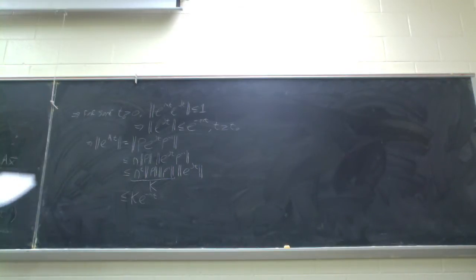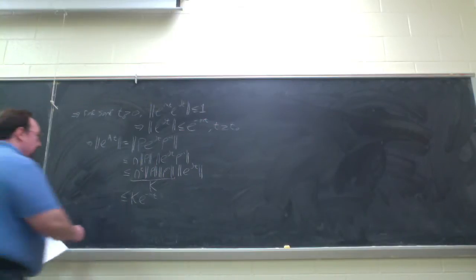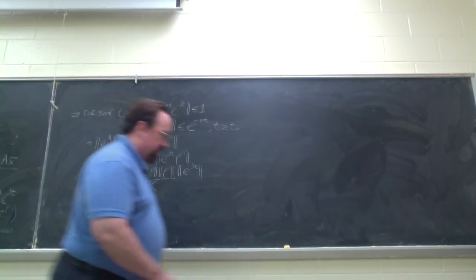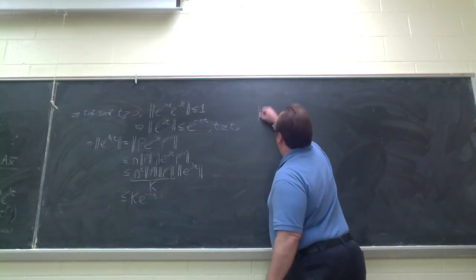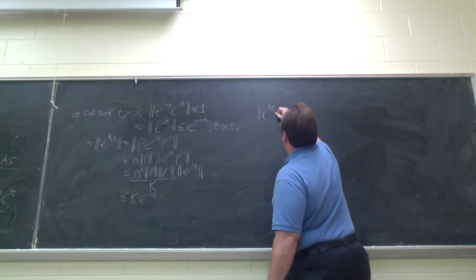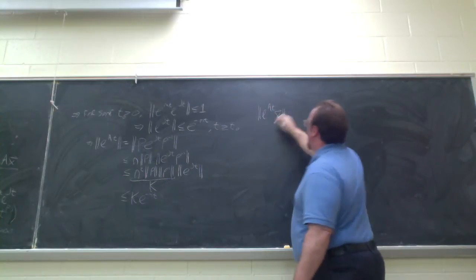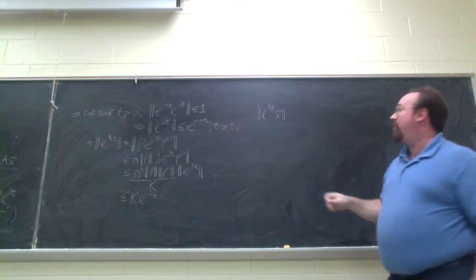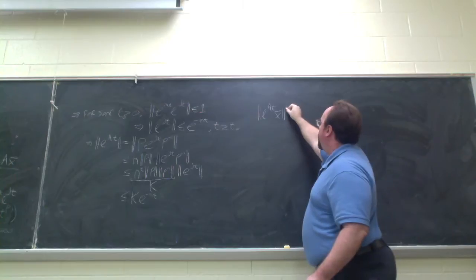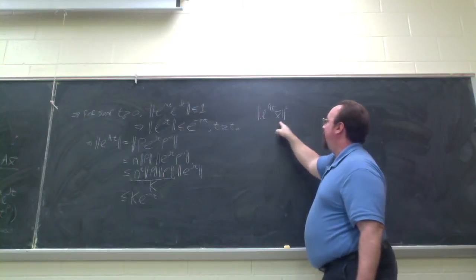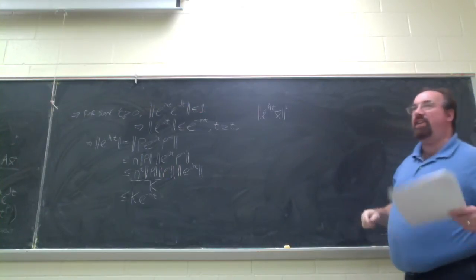Now we need to look at the second inequality about e to the At times x. Here I do not have a matrix norm, I have a vector norm, but this is just Euclidean length. So for convenience, I'm going to square this. All this is a sum of squares of all the entries of this vector.